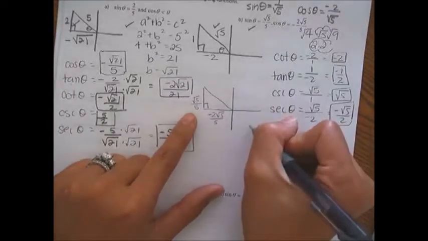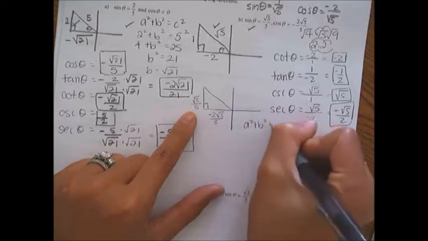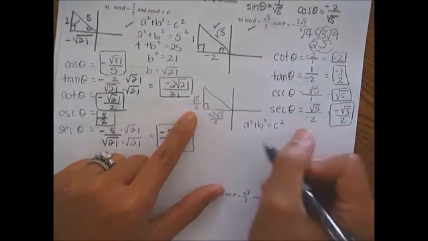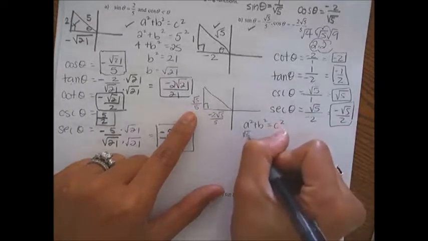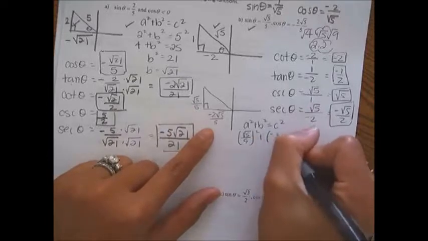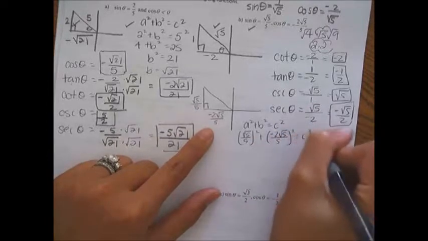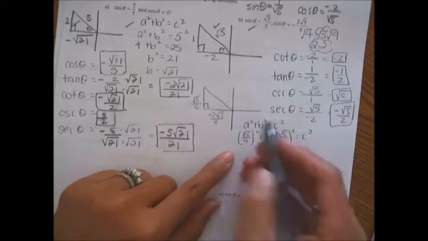So here we go. a squared plus b squared equals c squared. So this is square root of 5 over 5, squared. You just have a little bit more work. Negative 2 rad 5 over 5, squared, equals c squared. Rad 5 squared is 5.